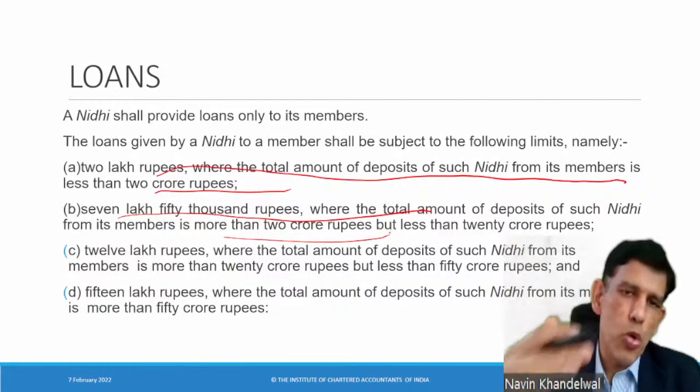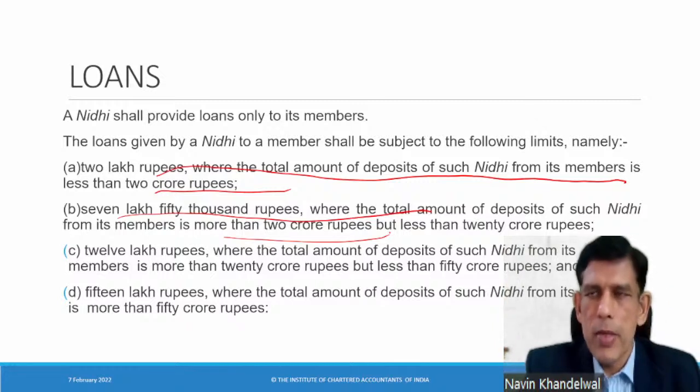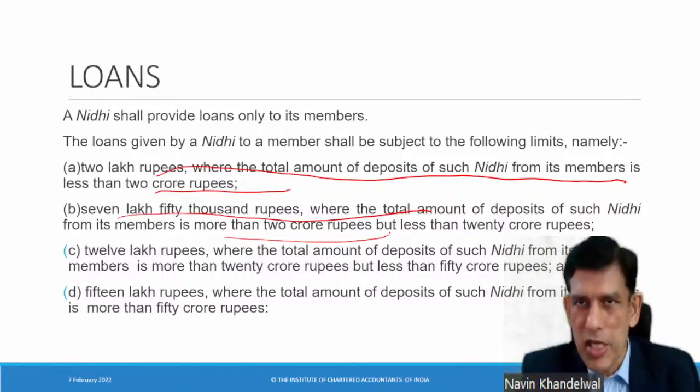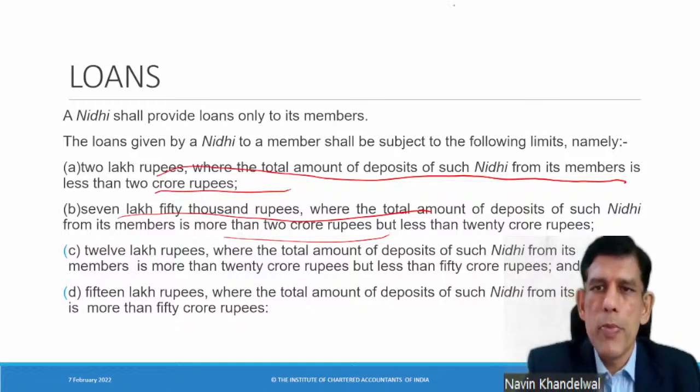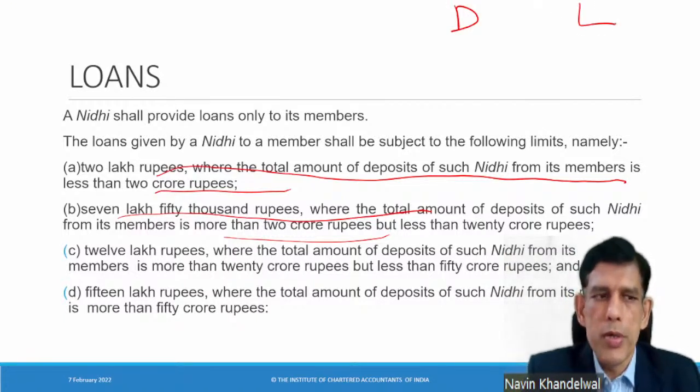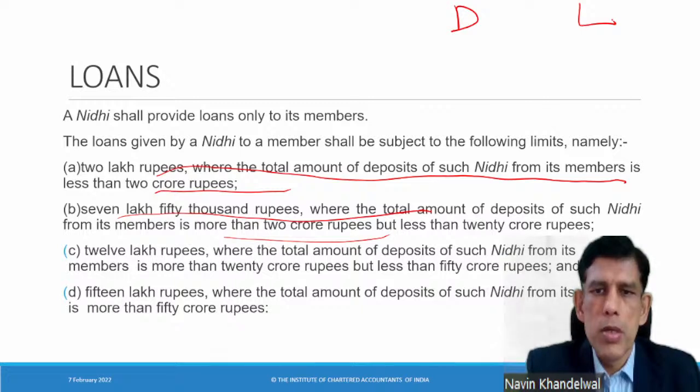So there's a slab. So what we need to do is to draw a slab. And that slab is based on the deposit part. So you need to prepare the slab, deposit, loan. In crores, 2 in lakhs.